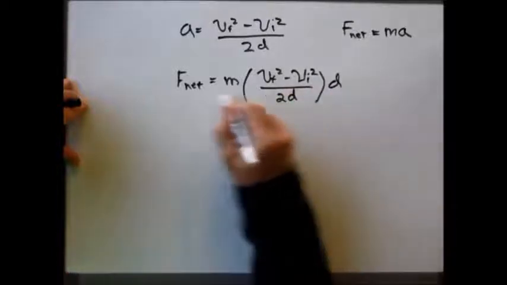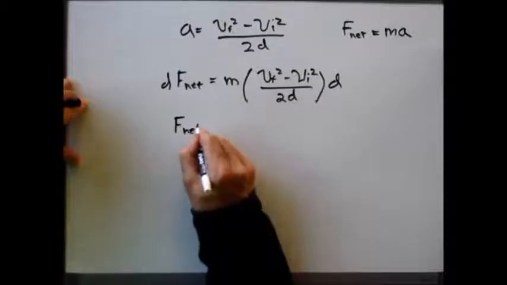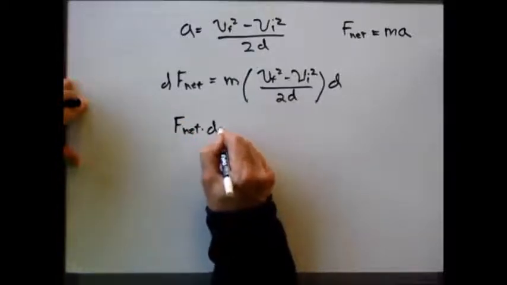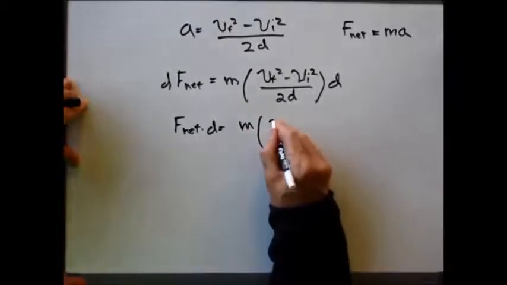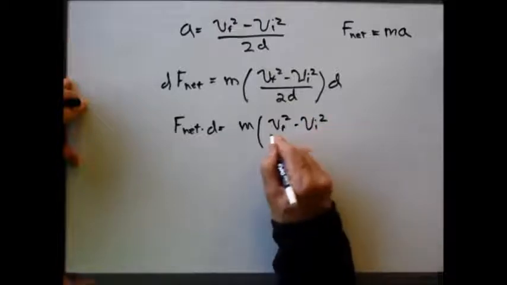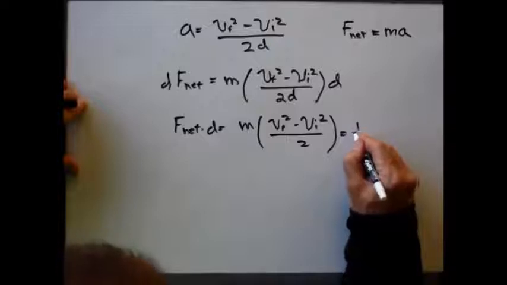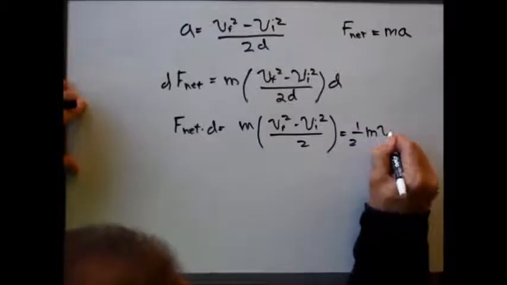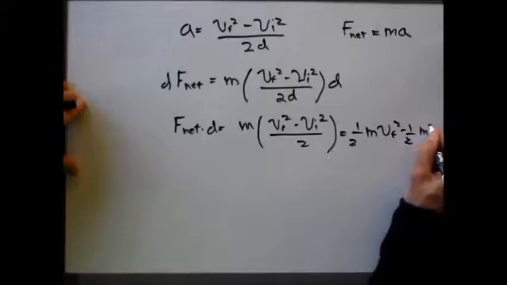Now we can multiply both sides by D, and we get F net times the distance is equal to the mass times V final squared minus V initial squared all over 2. Or that's just 1/2 m V final squared minus 1/2 m V initial squared.